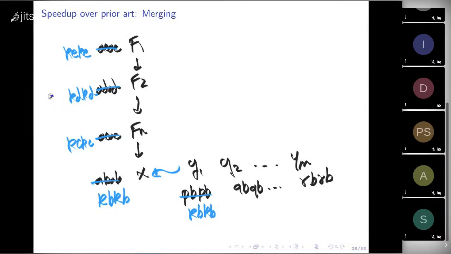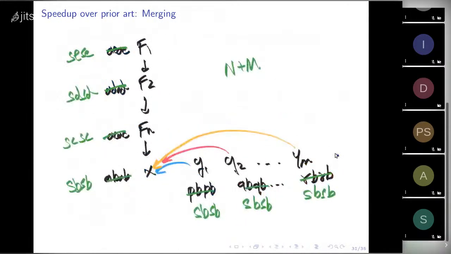whereas in the case of an actual compiler, all the rewrites are going to be performed upfront. So what you can do is attempt to batch all of these, so that the node X is equated to all of the nodes y1 through ym at the same time.